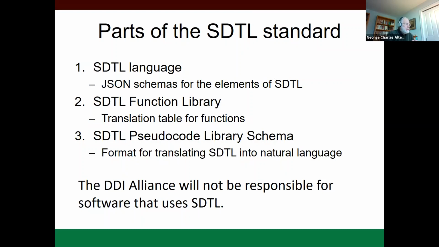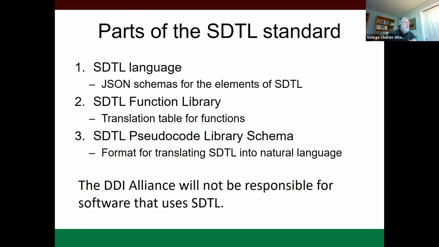And here, what I'm going to talk to you about is the SDTL standard that the DDI Alliance is proposing to adopt. This is what, those of you who will be voting, this is what you'll be voting on. And you'll be voting on three different things, which I'll go into more detail on. First of all, the SDTL language. Secondly, the function library.